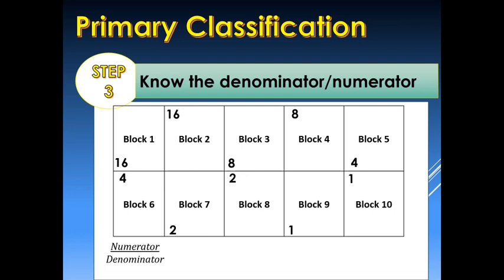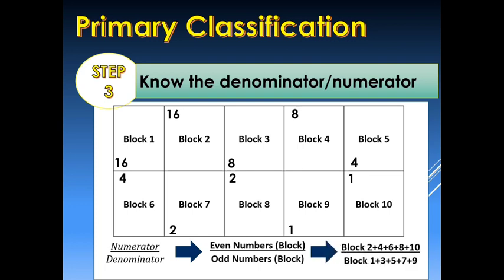The numerator includes the even numbers, which are our block numbers. Meaning, under the numerator we have block 2, block 4, block 6, block 8, and block 10.